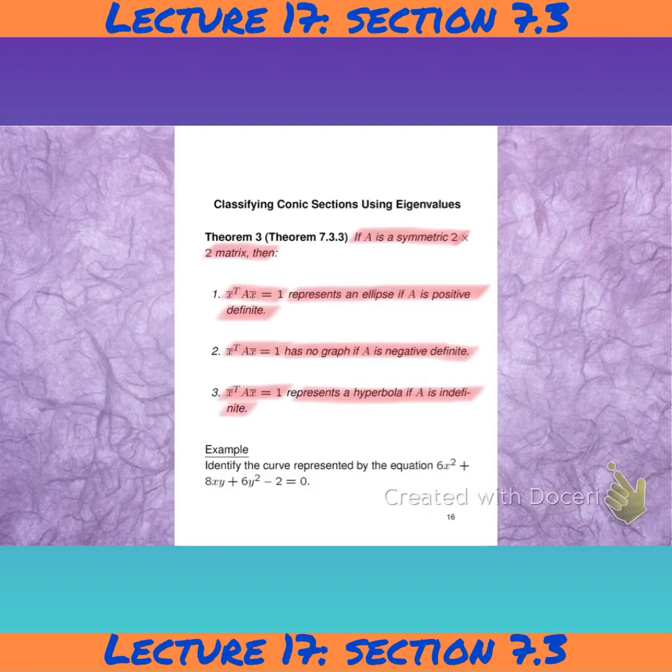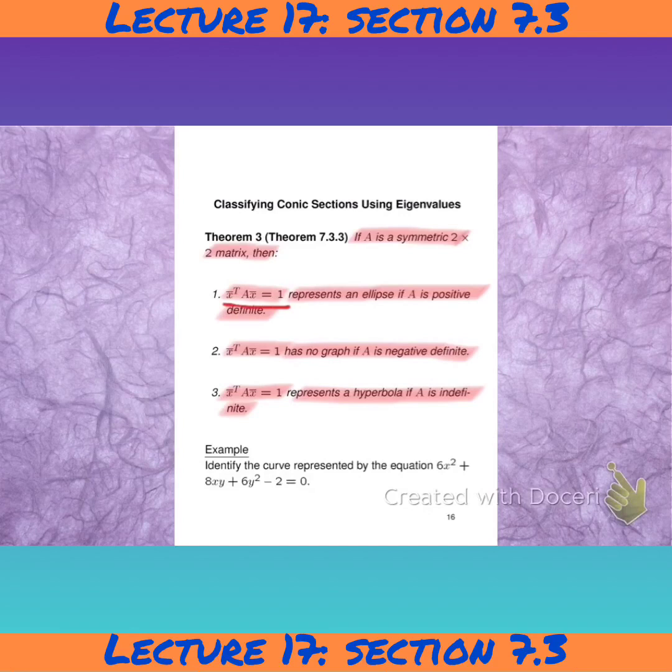It's pretty straightforward to prove that. You just need to write this out and verify that the equation is in fact that of an ellipse if A is positive definite, and the same for the other two properties.